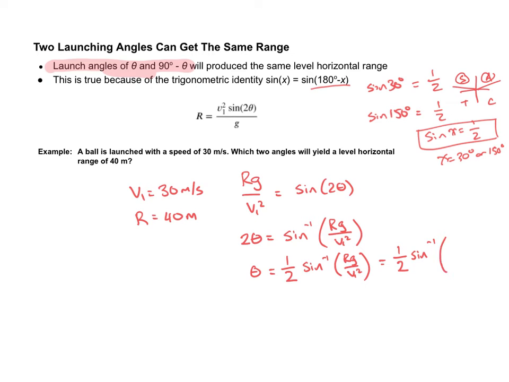I'll fill in the values here. Range was given as 40, times g, 9.8, over v1 squared, 30 squared. So quick check, looking good because the fraction is going to be between 0 and 1.